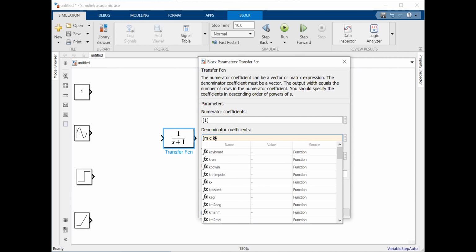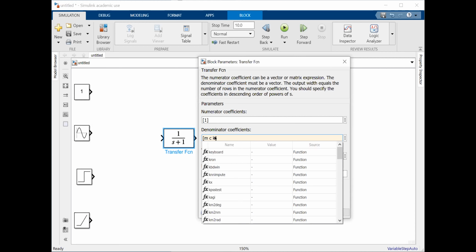And for these denominator coefficients, MATLAB expects the coefficient of s square to go first, coefficient of s to go next, and coefficient of s to the power 0, which is 1, to go over here. So this is the coefficient of s square. This is the coefficient of s to the power 1. This is the coefficient of s to the power 0. And we need to supply their values.